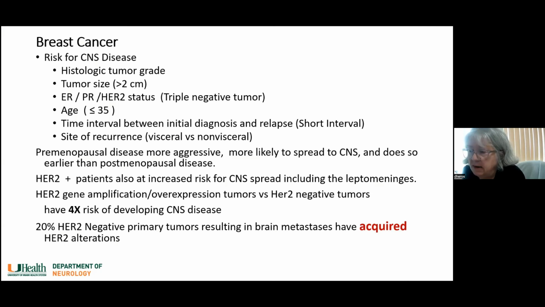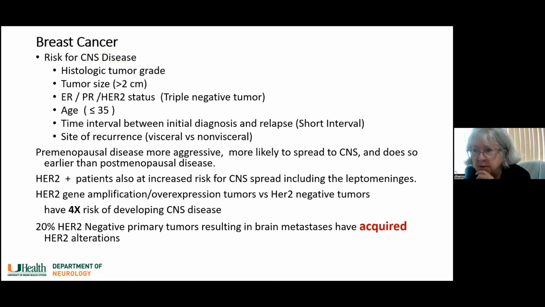And I think that what is becoming better understood is that even patients who begin with HER2 negative primary tumors, up to 20% of those patients who develop CNS disease have acquired HER2 alterations, and that HER2 mutation appears to be a major driver for developing CNS disease.